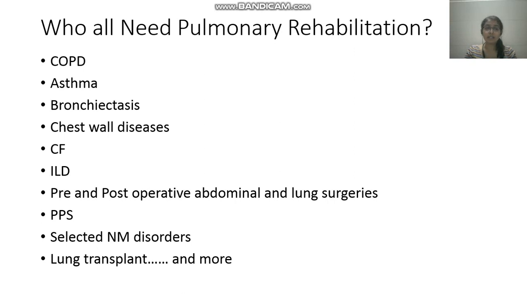You have COPD, asthma, bronchiectasis, chest wall diseases, cystic fibrosis, ILDs, pre and post-operative lung and abdominal surgeries, post-polio syndromes, some selected neuromuscular disorders, like you can say axonal neuropathies and muscle dystrophies, where there are chances of respiratory muscles being involved, lung transplant, lung volume reduction surgeries, etc., can also be included under pulmonary rehabilitation.